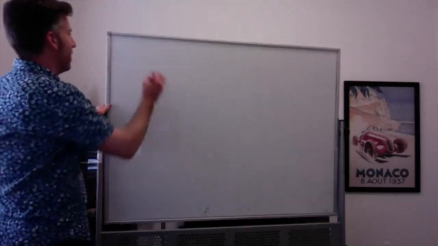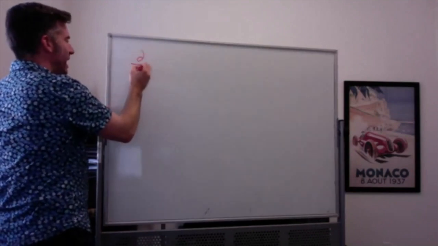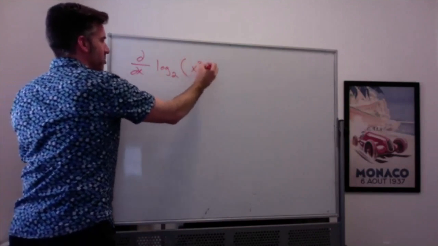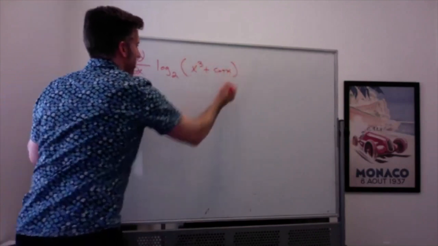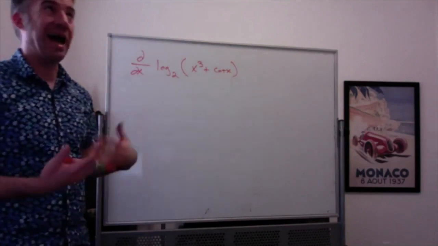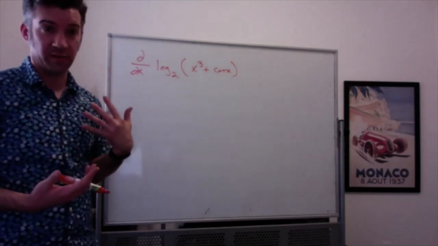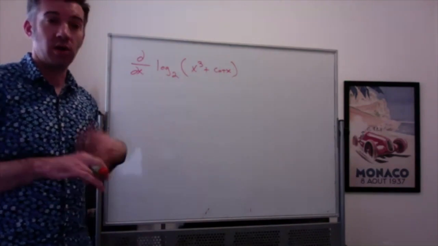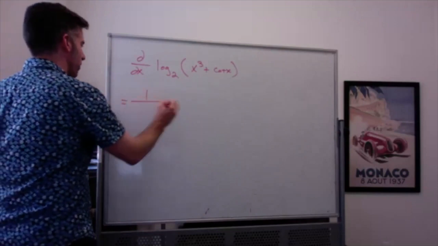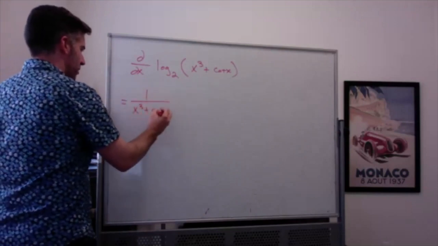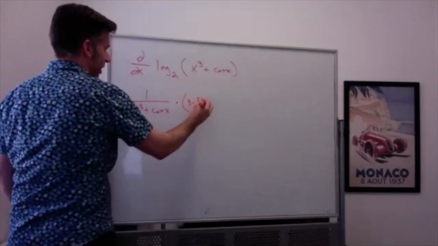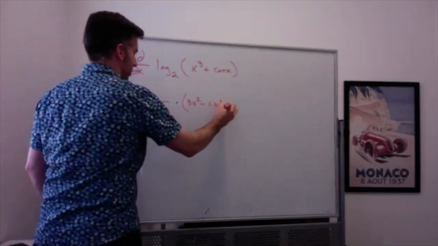Transformer. Okay, anyway. If I want to take the derivative of the log base 2 of x cubed plus cotangent of x, I'm going to ignore that 2 for a moment. I'm going to say, okay, I know the derivative of the log of some stuff is 1 over the stuff times the derivative of the stuff. And I'm going to do that part first. So I'm going to get 1 over the stuff times the derivative of that stuff, which is 3x squared minus cosecant squared x.